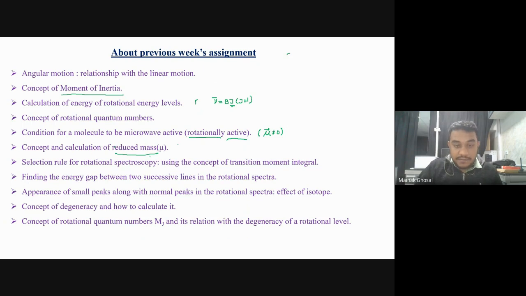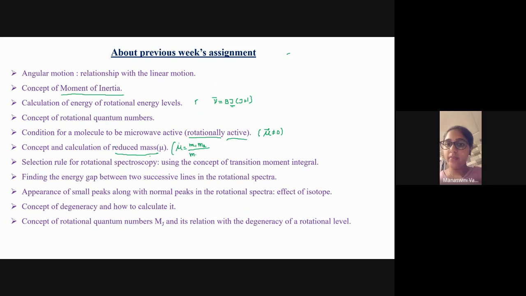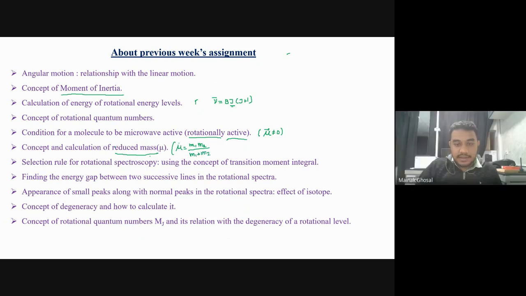The expression is mu equals m1 m2 by m1 plus m2, where m1 and m2 are the masses of the two bodies. This mu is completely different from the one for dipole moment; this is for reduced mass.